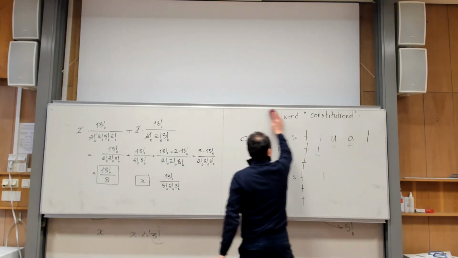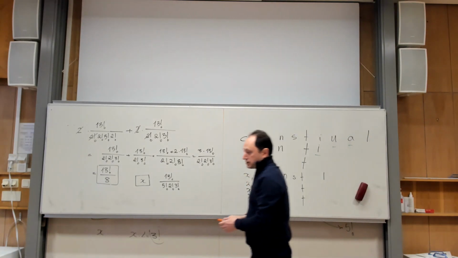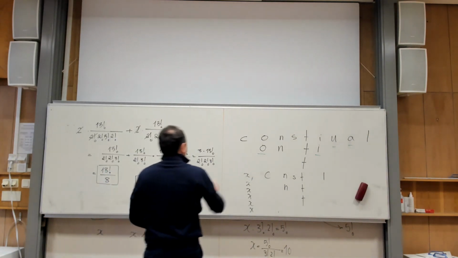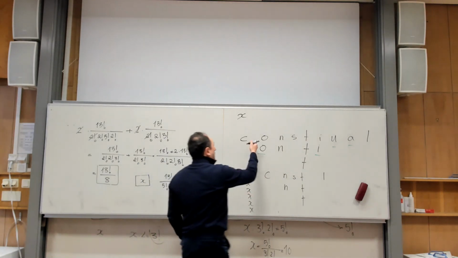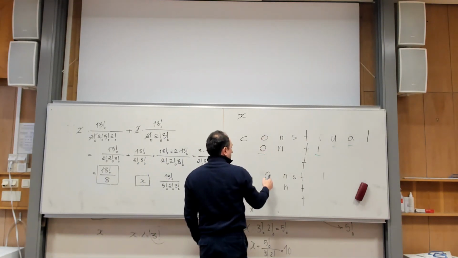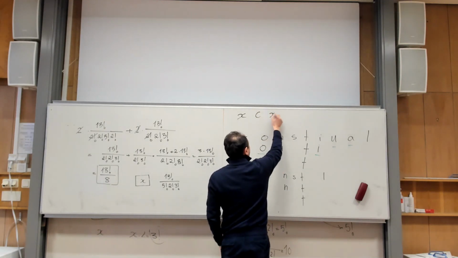Here, for example, one scenario is this. I start with an X, and then I ignore this, I write this one. For example, I have one C, another, for example, 2 X's.